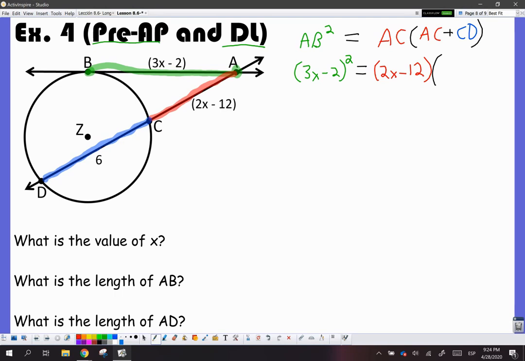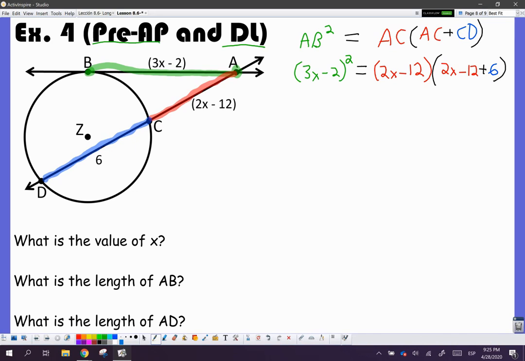So I have the exterior, which is again 2x minus 12, and then plus the interior part, which is positive 6. And so there's my equation.